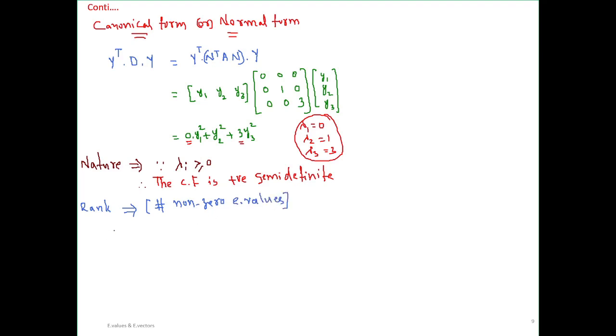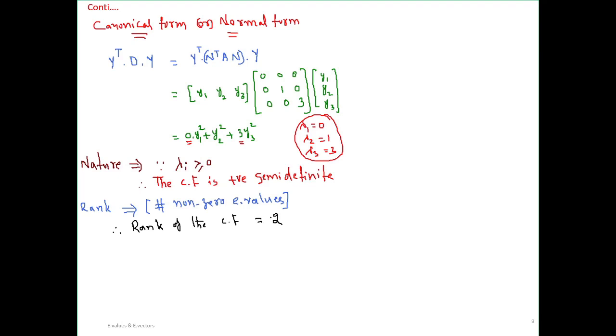So the rank of the canonical form CF equals how many non-zero eigenvalues exist here? Lambda 2 and lambda 3 both. So the number of non-zero eigenvalues is 2. Therefore the rank of the canonical form is 2.